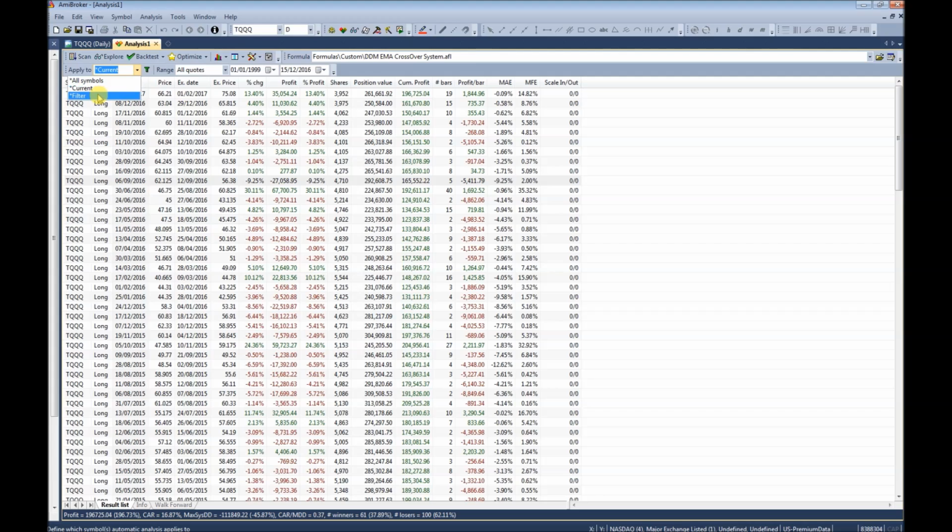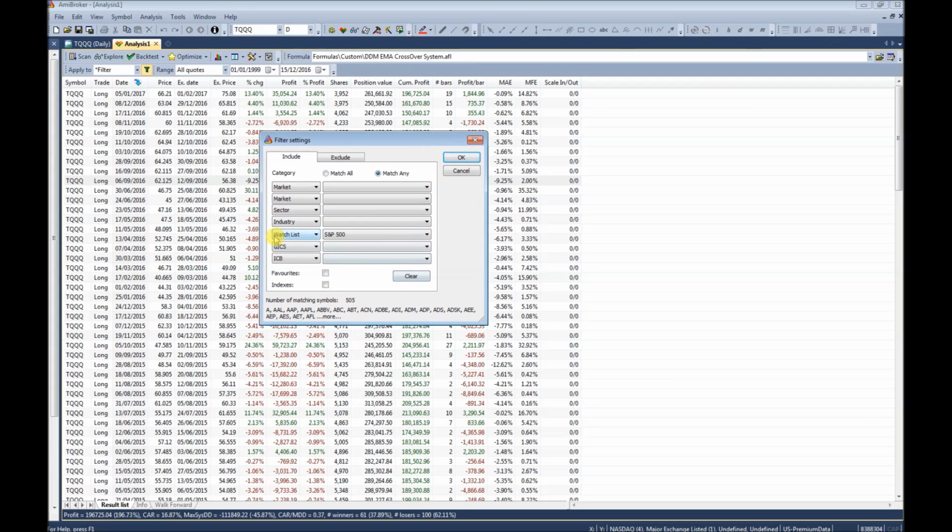I'm going to use a filter, and what I like to do is look at premium data, which is from my data provider, and is really great because it gives you a lot of different ways to organize the stock data. So for example, we can use here the S&P 500, which currently is about 505 symbols.